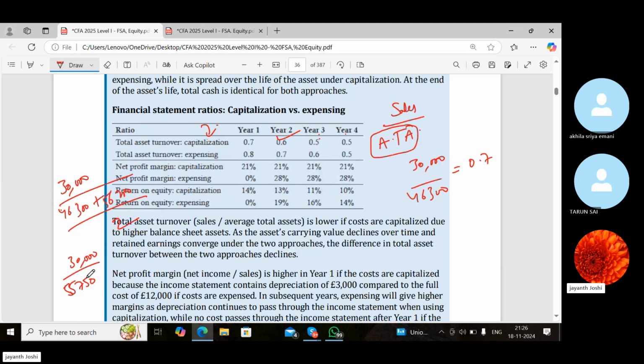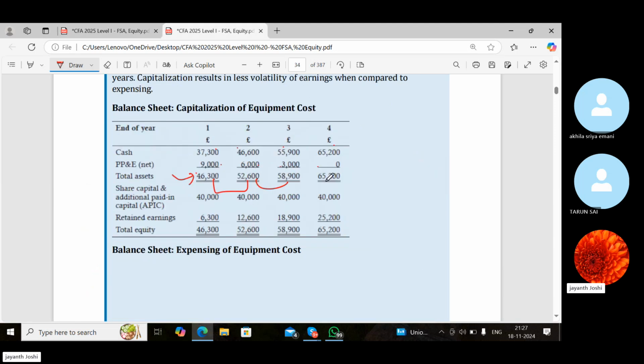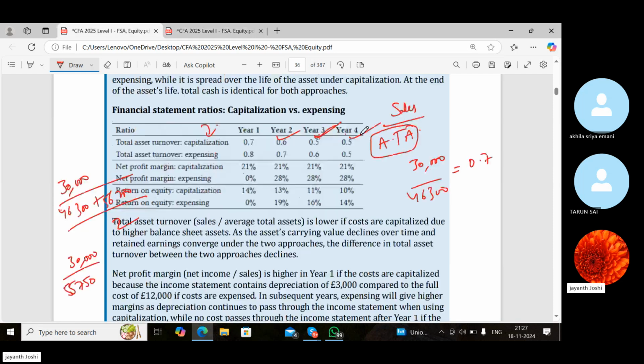And you see 0.5 next year also, you can do the calculation. 30,000 divided by these two: 58,900 plus 65,200 divided by 2, which is 62,050. Now 30,000 divided by 62,050. 0.48, almost 0.5. Okay.